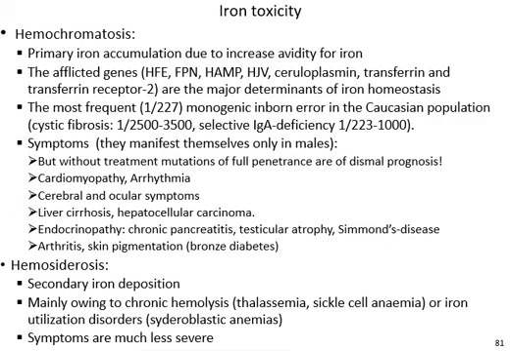Nevertheless, it is the most frequent monogenic inborn error in the Caucasian population, more frequent than cystic fibrosis or even selective IgA deficiency. In iron toxicity, you have to clearly differentiate hemochromatosis from secondary iron deposition called hemosiderosis.